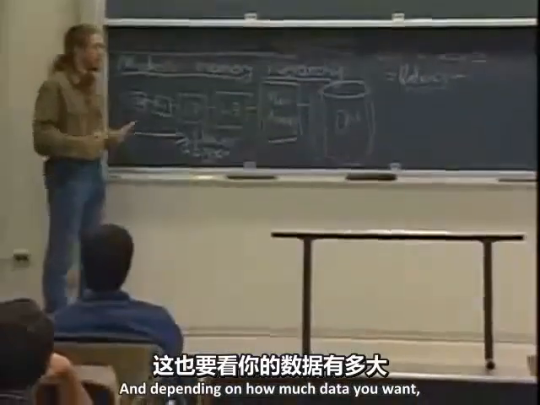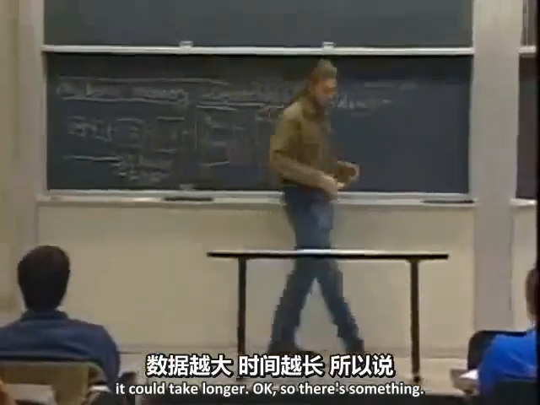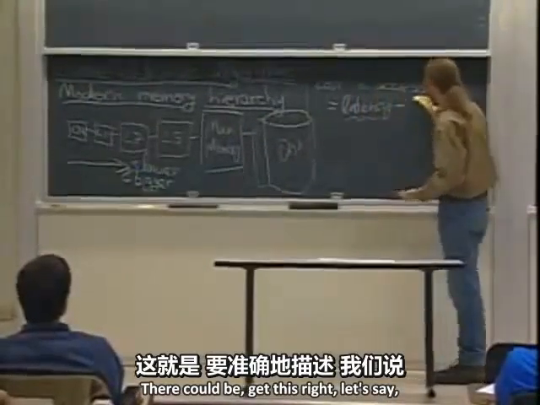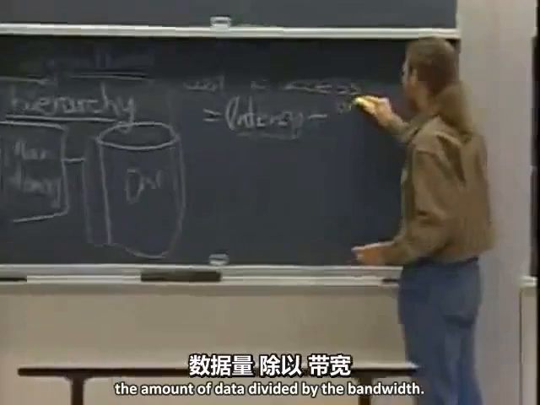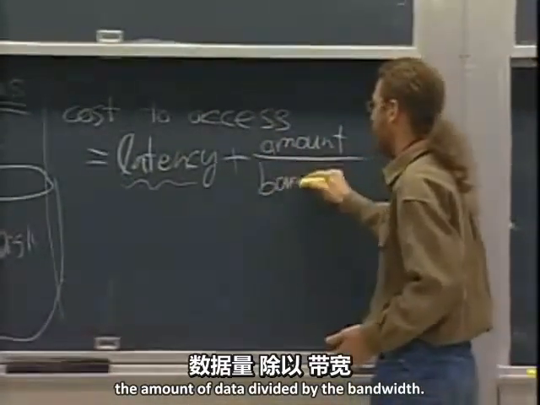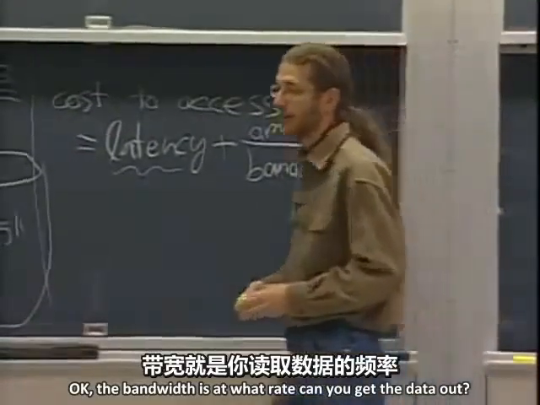And depending on how much data you want, it could take longer. So this would be, let's say, the amount of data divided by the bandwidth. The bandwidth is at what rate you can get the data out.